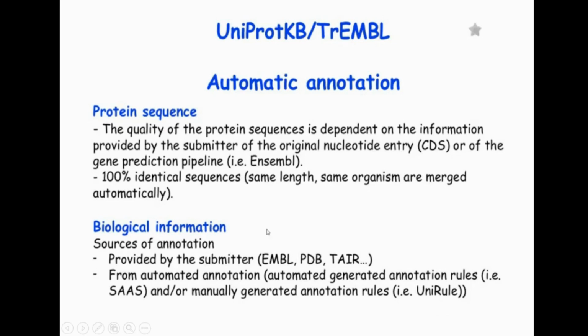Okay, the protein sequence moves through these two rules, SAAS and UniRule, to get the automated annotation record for translation. So these are the two sources for the biological information. First provided by the submitter and second by the build rules, SAAS and UniRule.